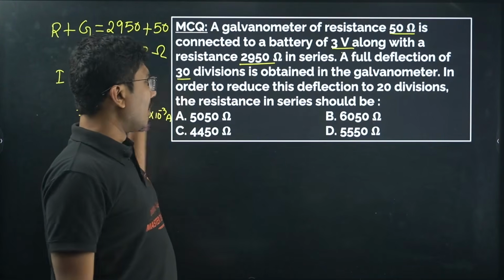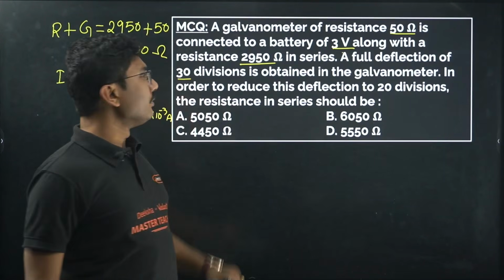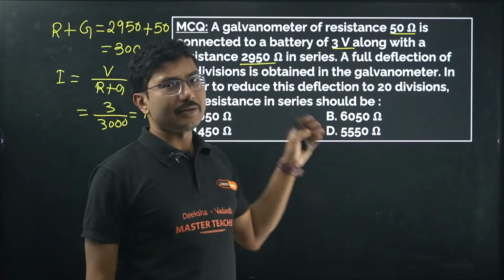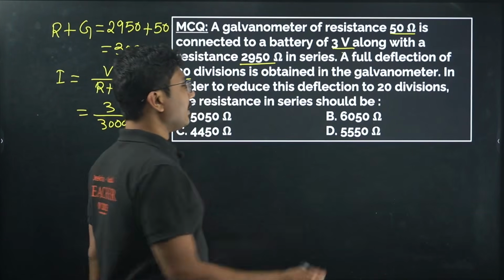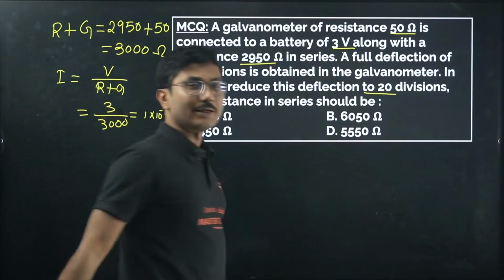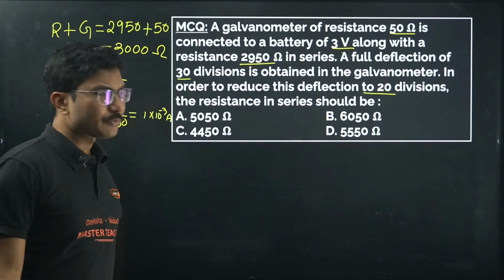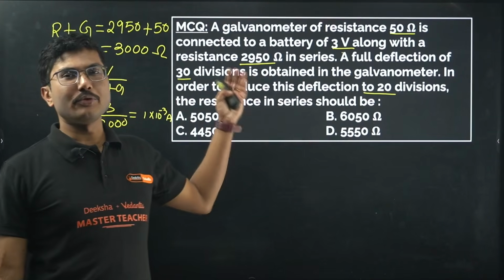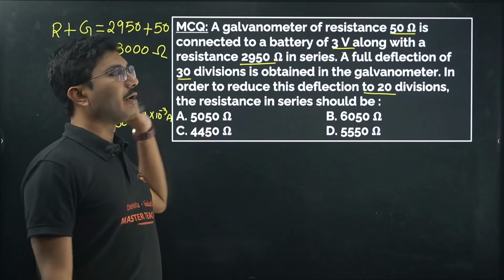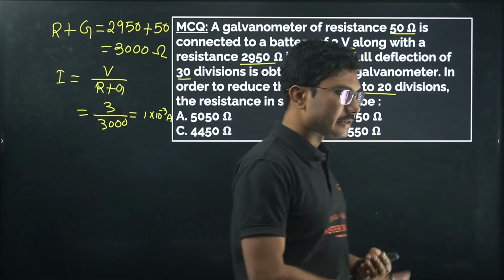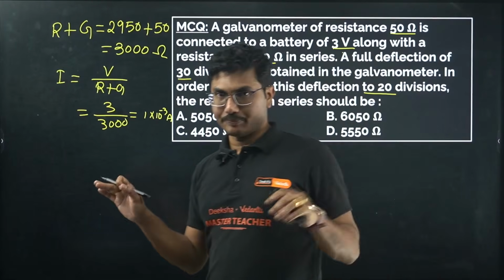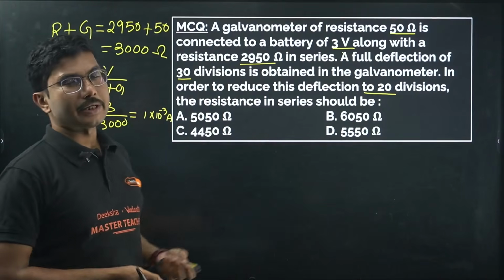Now in order to reduce this deflection from 30 to 20 divisions, the only way to do it is you have to reduce the current. Only way to reduce the deflection is to reduce the current, there is no other way. Okay, how can you reduce the current?